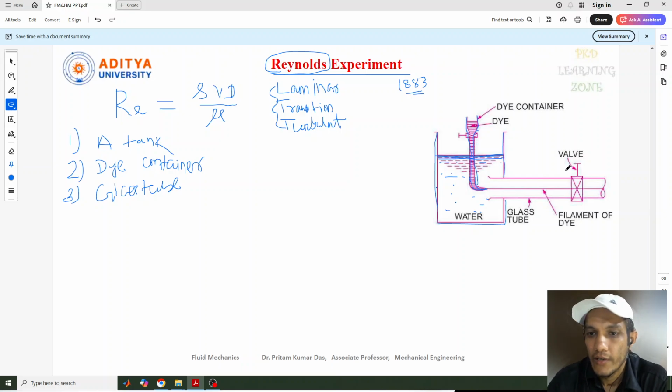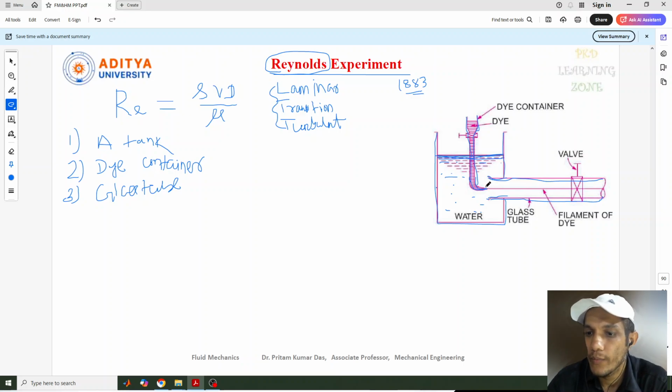Here you can see the glass tube. One end will be inserted into this tank, and another end is at the outside. You can see here, this is one end and this is the other end of the glass tube.